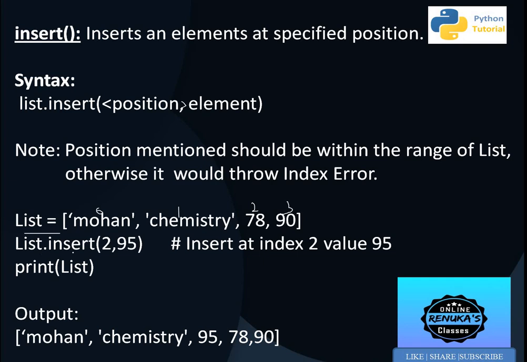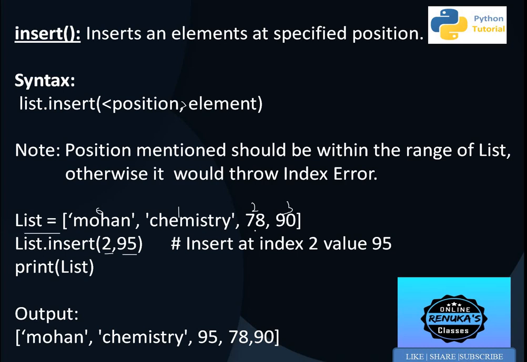So if we want to insert the element 95 at second index, then the command will be list dot insert 2, 95. 2 is the index, the place where we want to insert, and this is the element which we want to add in the list. The output will be Mohan, chemistry, this is 0, 1, and at second index 95 is added.